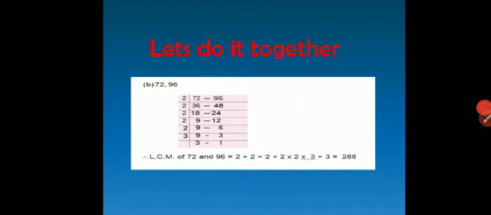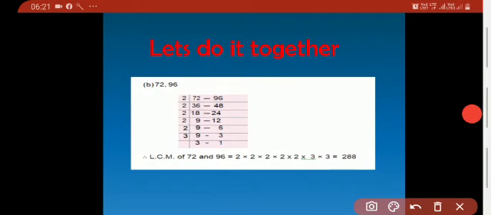One more example, 72 and 96. 2 is dividing both the numbers, and 36 and 48 are the quotients. Until it applies, we will keep using the number. And we can see we have the left side ready. Here we are leaving this 3 because we know it's a prime number.